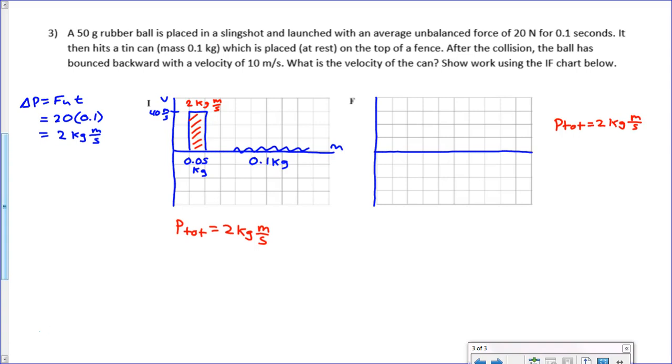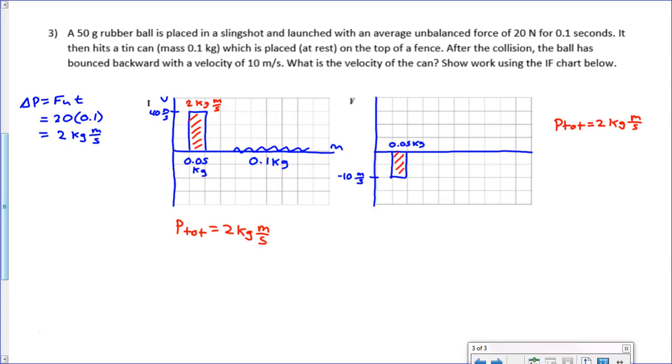I tell you in this case that the ball has bounced backward with a velocity of 10 meters per second. So on this one, we know that that 0.05 kilogram ball has bounced backwards and is going 10 meters per second in the negative direction, so we'll call it negative 10 meters per second. You can calculate the momentum there then.